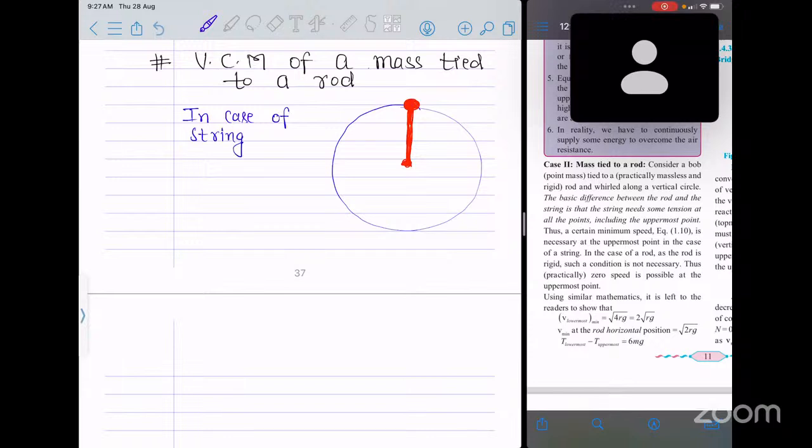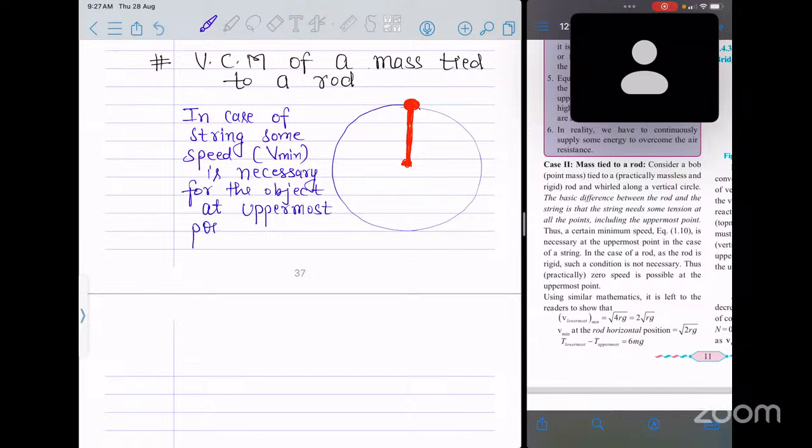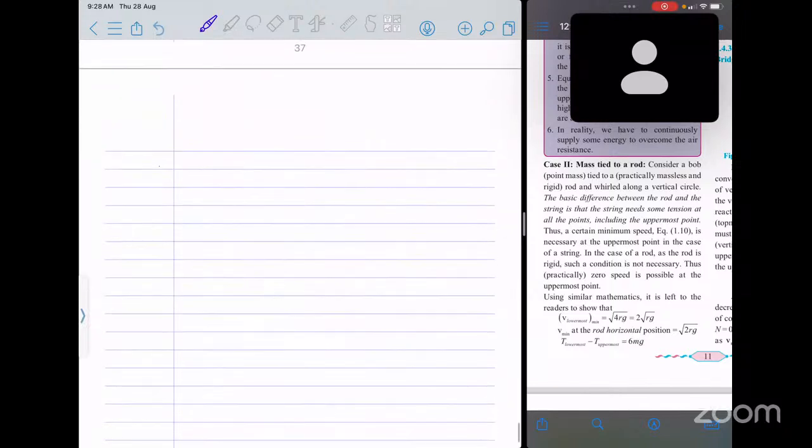In case of string, some speed which is V minimum is necessary for the object at uppermost point, but in case of rod, speed at uppermost point may also be zero.